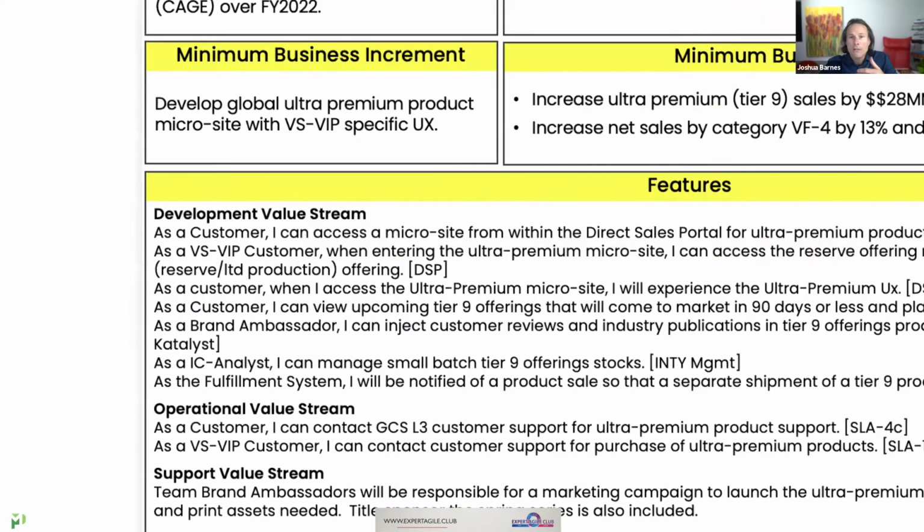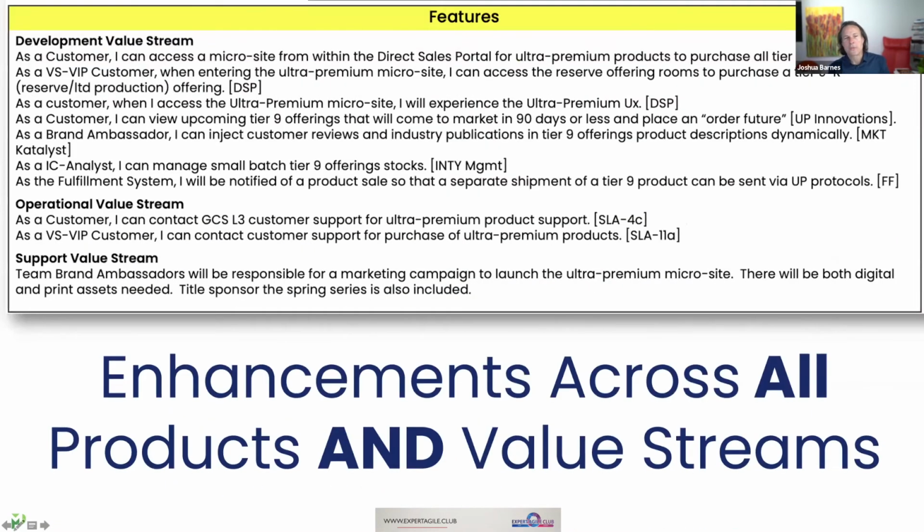So the next thing, one of the very important aspects of the MBI, is the enhancements across the product or products. And in this case, there were multiple products that needed enhancement, as well as the other value streams that were going to contribute to value-adding activities. So here's a list of features, right? And there was some additional supporting context that we can have in addition to what's in the MBI.